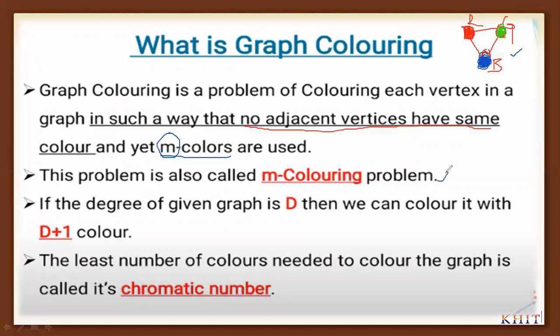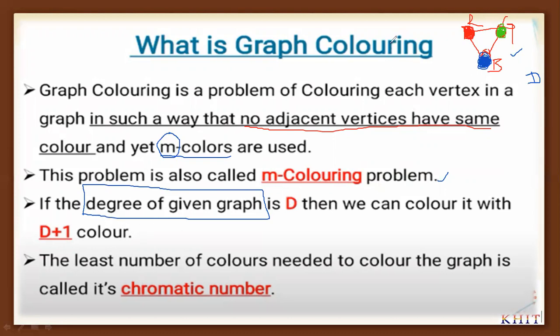Okay. Next important thing is the degree of the given graph. What is meant by the degree of the graph? The degree of the graph can be defined with the letter D. D stands for the degree of the given graph. Then we can color it with D plus one colors.